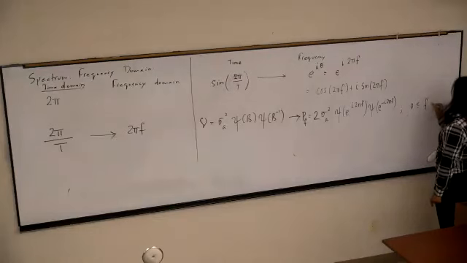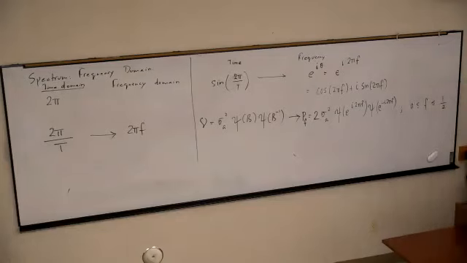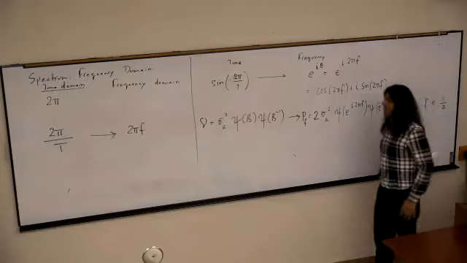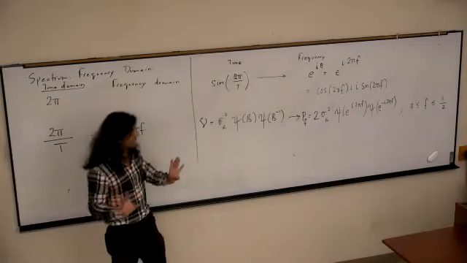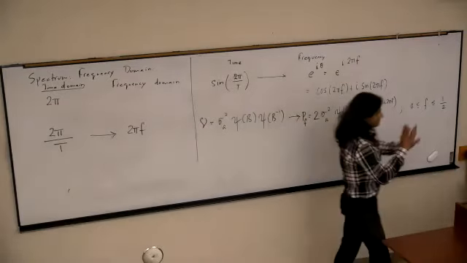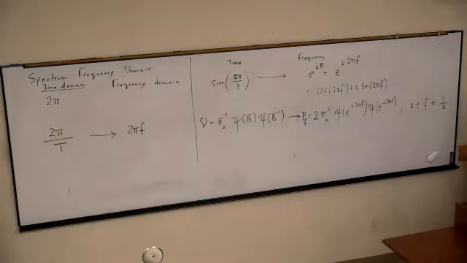And there is a limit over there, which is 0 less than or equal to f, less than or equal to 1 over 2. Do keep in mind, this is something that we use in time series. In terms of signal processing, the way we represent frequency domain is slightly different.